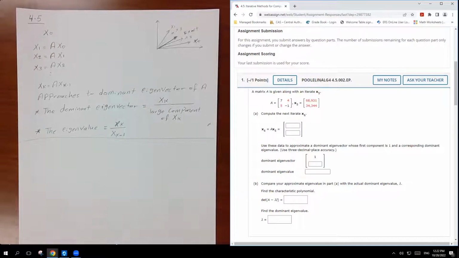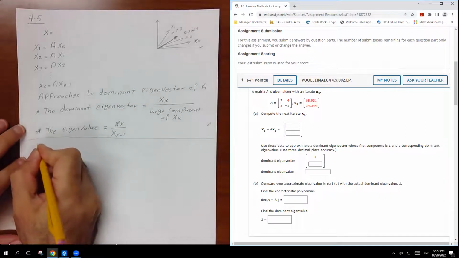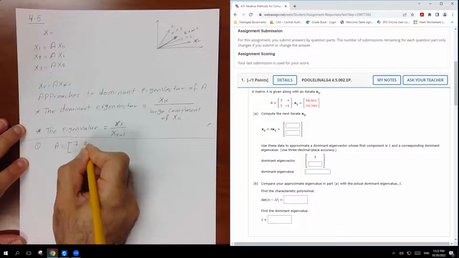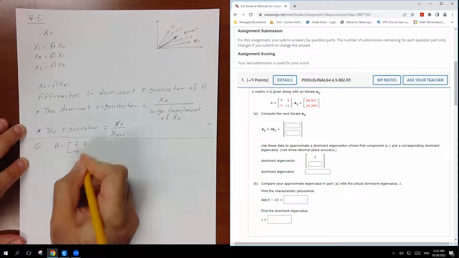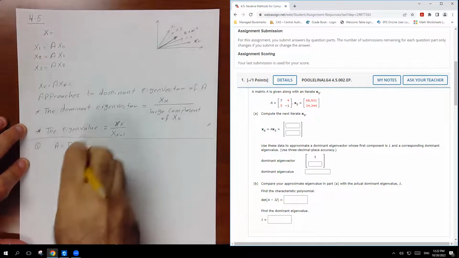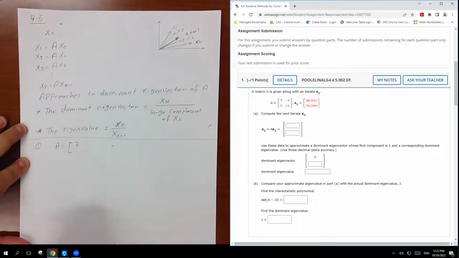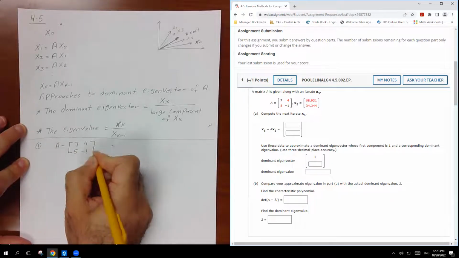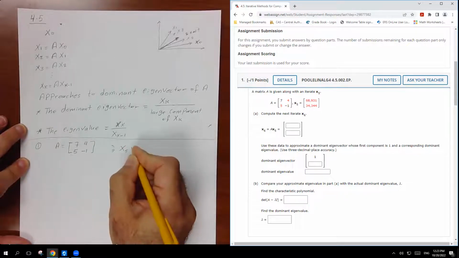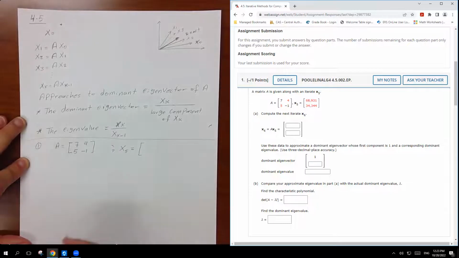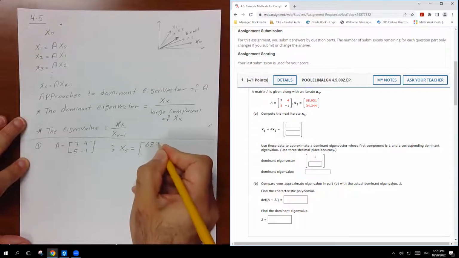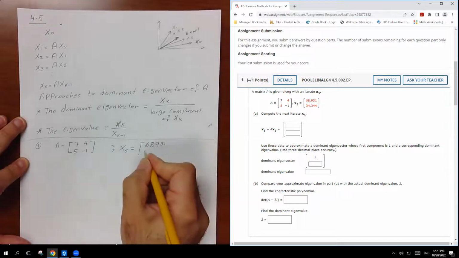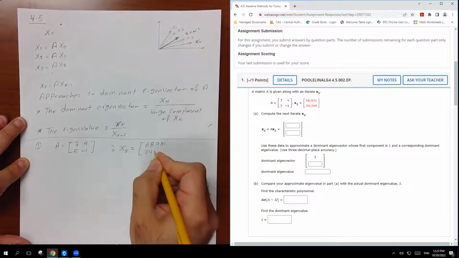We have the matrix A, which for the first question equals 7, 4, 5, -1, and x5 equals 68931, 34344. Be careful, it's not a decimal.